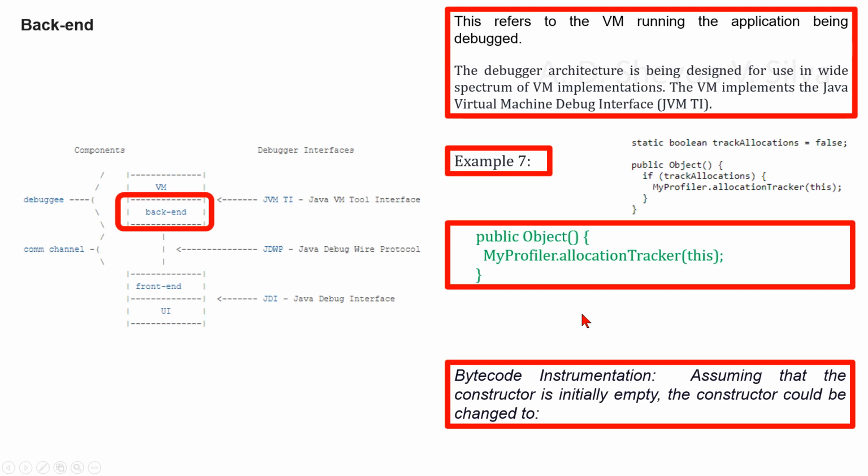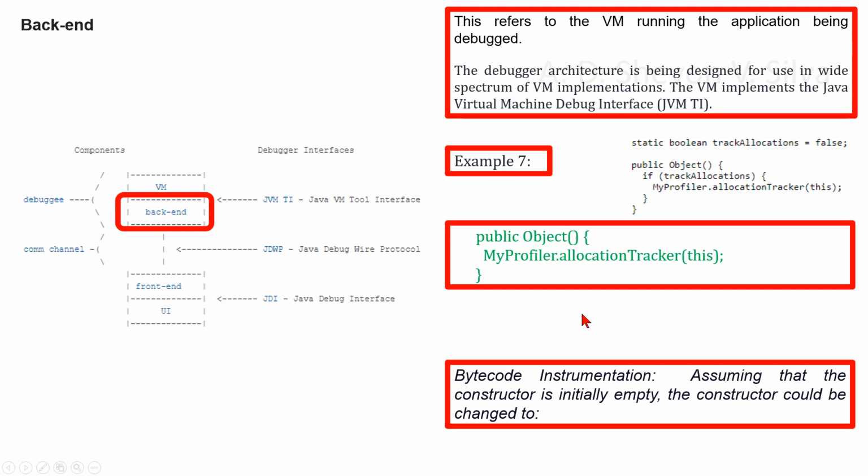The class modification functionality provided in this interface is intended to provide a mechanism for instrumentation: the ClassFileLoadHook event and the RetransformClasses function, and, during development for fix and continue debugging, the RedefineClasses function.